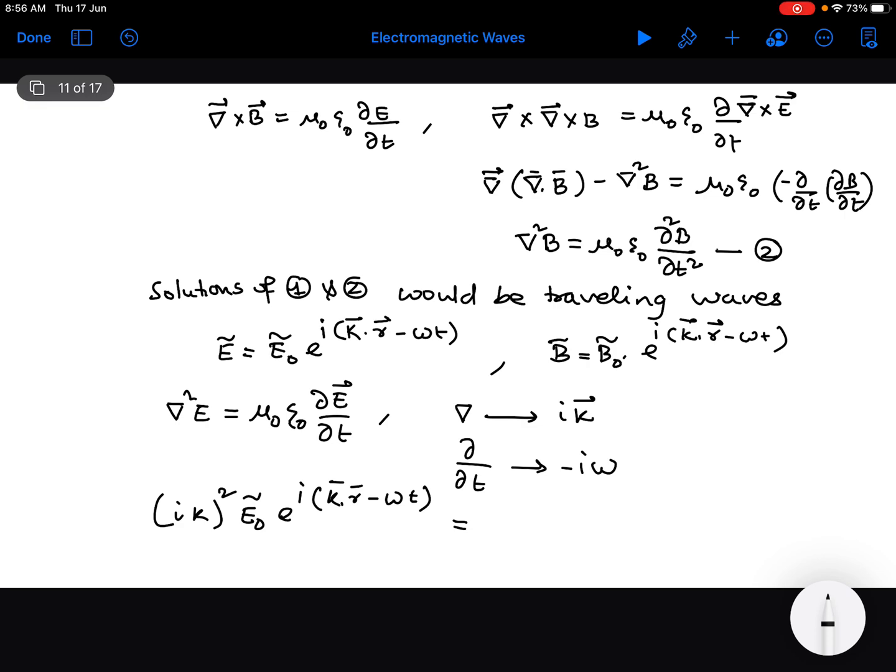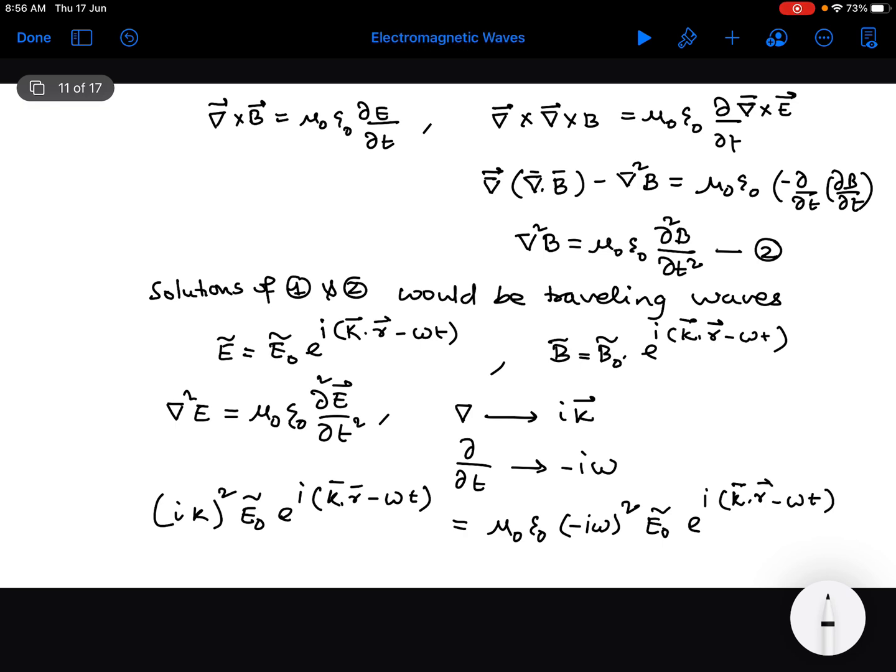Similarly on the right side, mu naught epsilon, where for each dou by dou t you get minus i omega, so we get (minus i omega) squared, times E0 exponential of (k dot r minus omega t).